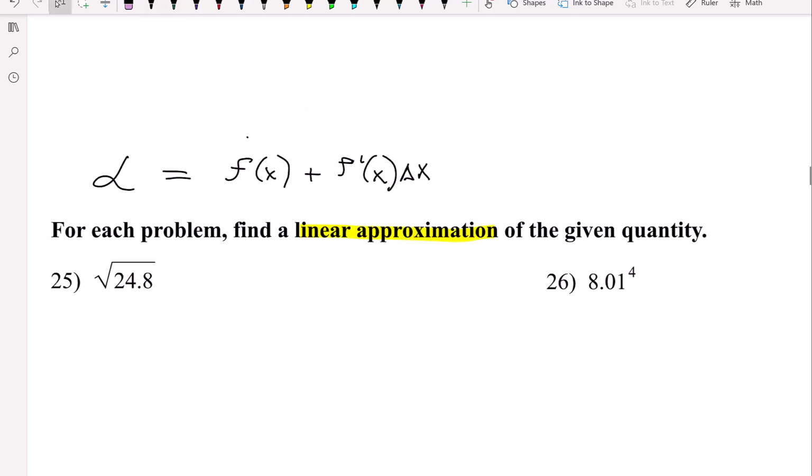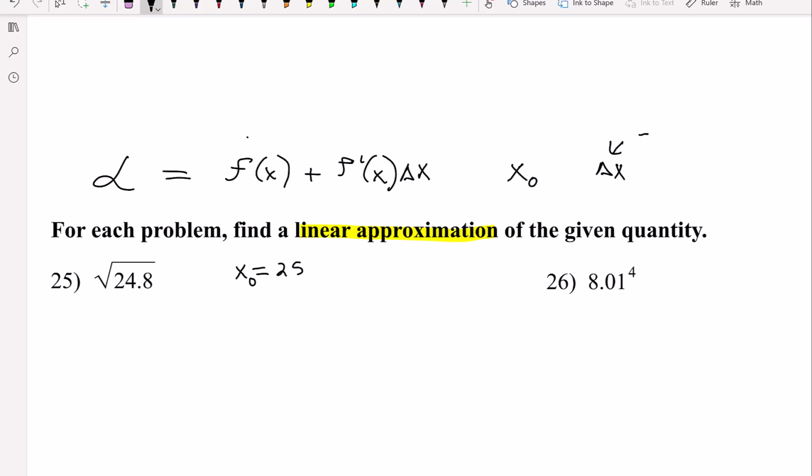But what you first have to figure out is what is the x, that's called the x naught, and the delta x. Remember, these delta x numbers are going to be very, very small, smaller in reality than what we're using here. But for this one, the closest perfect square to 24.8 is 25.